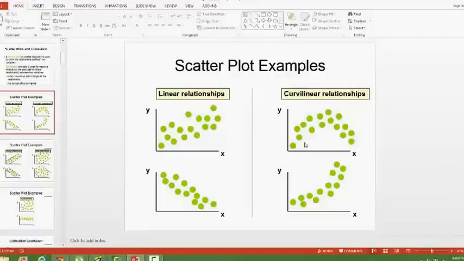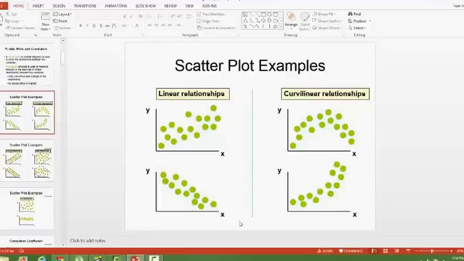So it could be some kind of a curve, right? It could be parabolic, it could be hyperbolic, or that kind of a relationship, or circular. It can be anything. So it's not something that is like a straight line. Here you can plot a straight line that passes through the points.